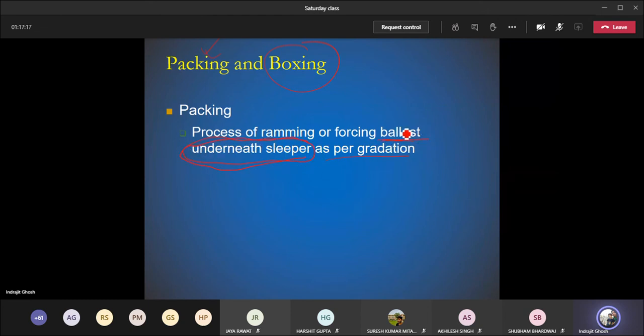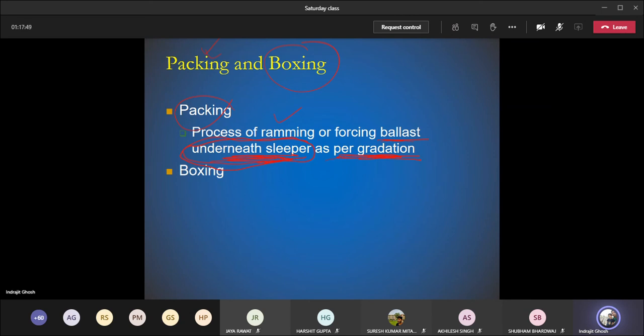So forcing of ballast underneath the sleeper is as per the gradation. You have been provided a list where you can see the stone sizes which you need to lay on this particular track. So that is as per gradation. Now you need to do the ramming, consolidation, or forcing the ballast underneath the sleeper. This process is known as packing. Now what is boxing?